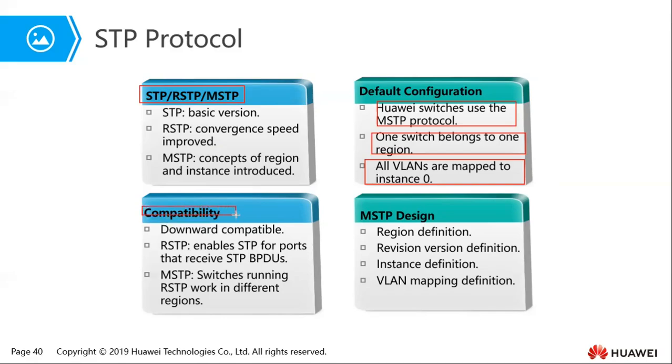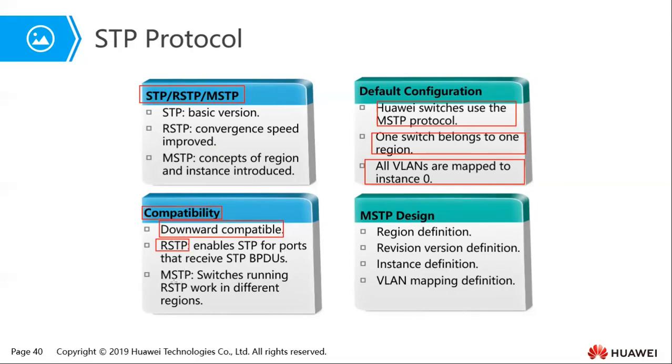Also the compatibility, in case you're having devices from other vendors that are operating on STP, for example, or RSTP by default, then Huawei devices are actually backward compatible or downward compatible. So if you've enabled RSTP, then STP can be used if you have a device that is running that.